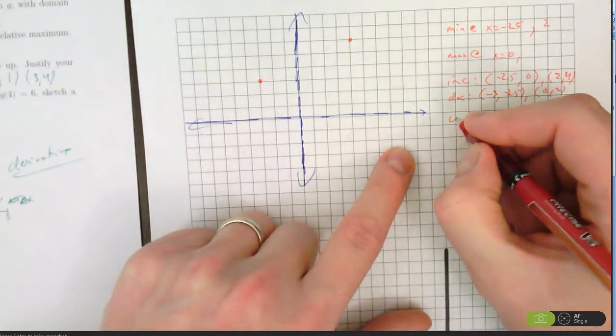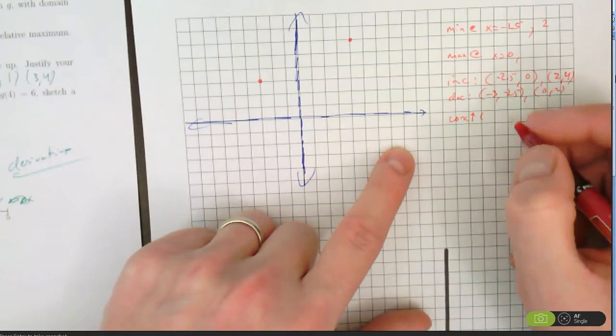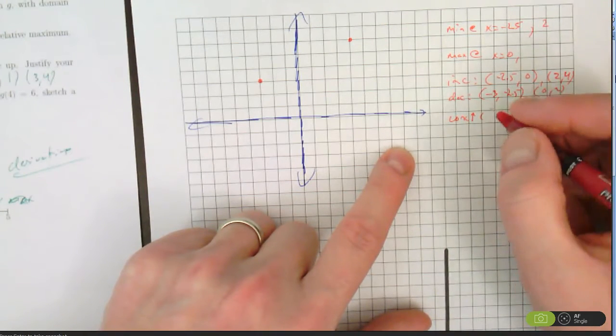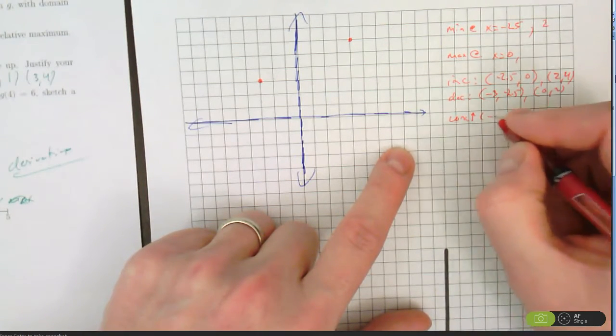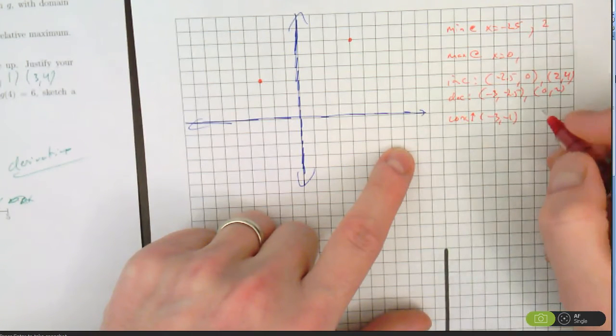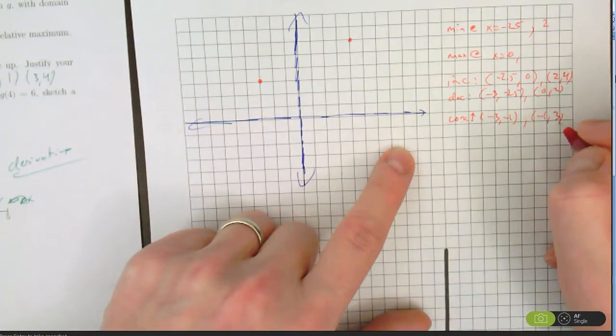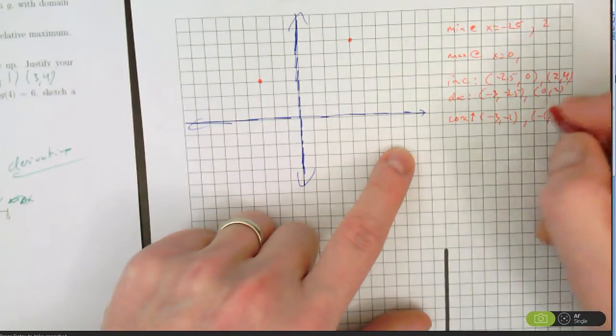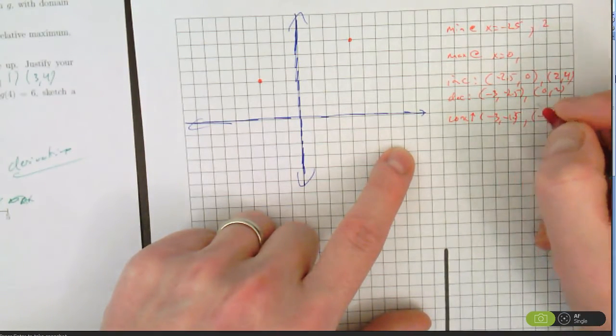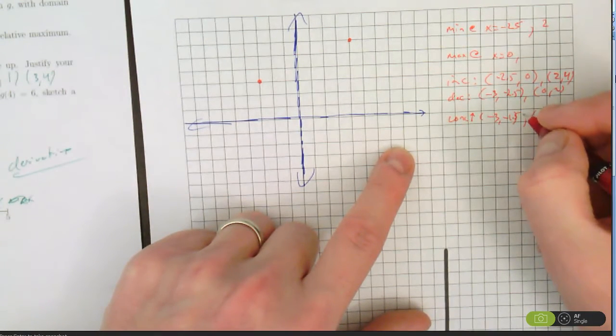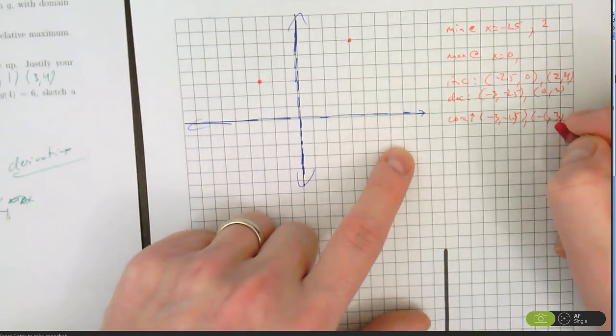Okay. Concave up from -3 to -1, and from -1 to 3. Oh, it's -1.5, isn't it? Yeah, it wasn't -1. It was -1.5. We said, and then from 1 to 3.